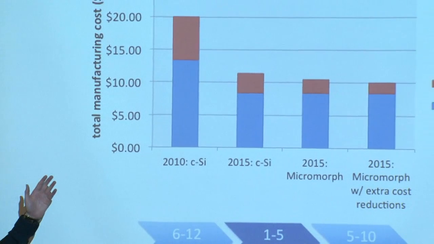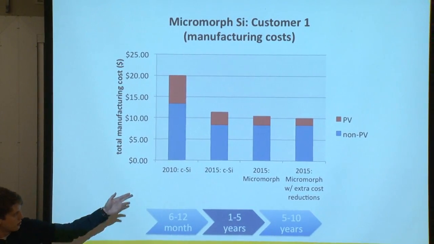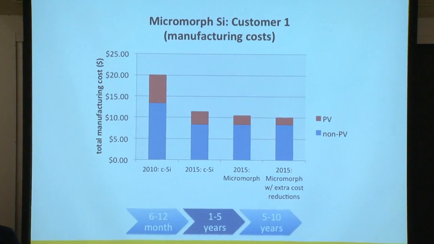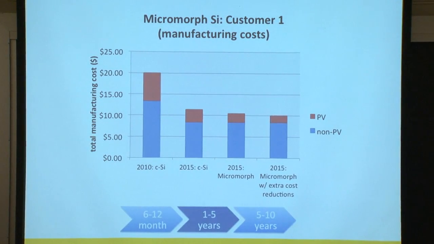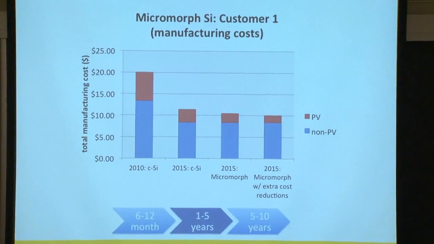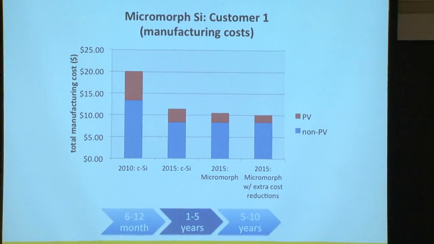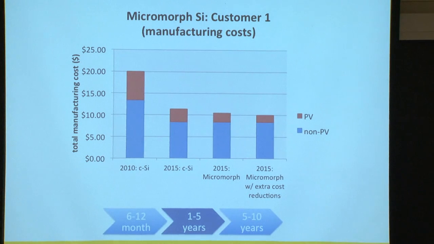So here you see the historical costs in 2010, and then under various scenarios, the cost estimates for 2015. The crystalline silicon was assumed to be the same as it is today, basically $1 a watt. Micromorph silicon was assumed to be 70 cents, and then on the far right we have a really optimistic scenario where we've reduced costs even further by reducing encapsulation materials just for this application, and so we're down to 55 cents a watt.